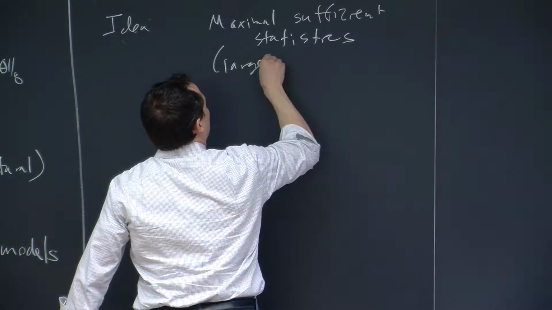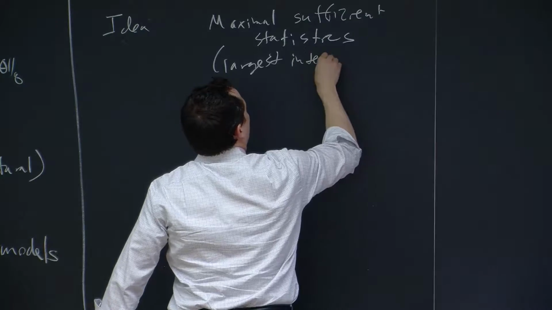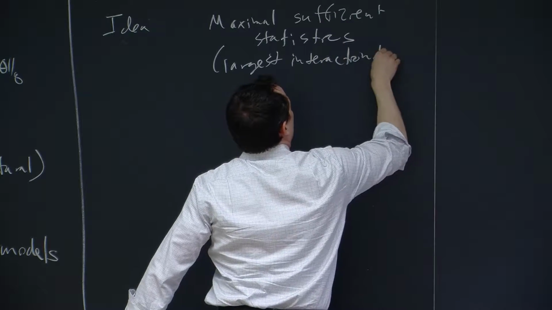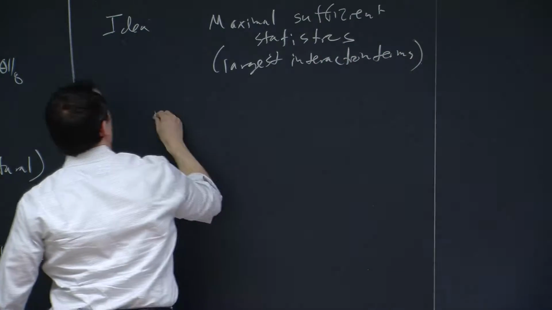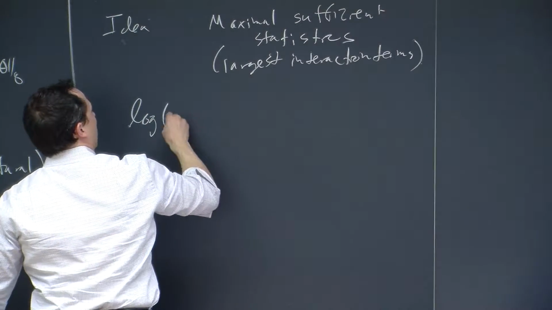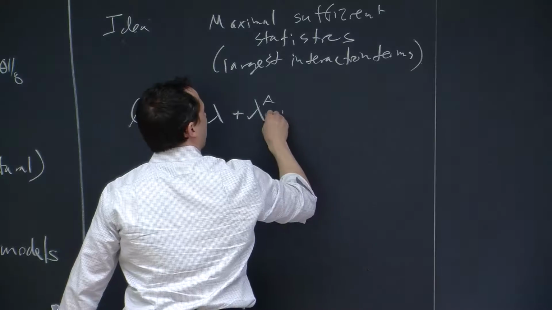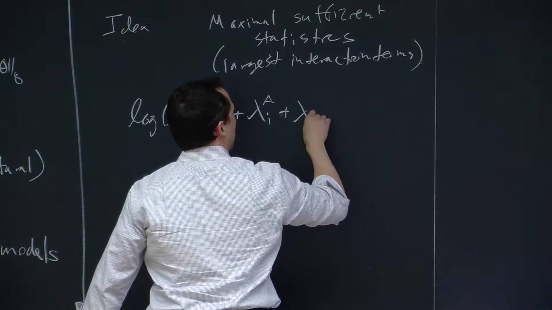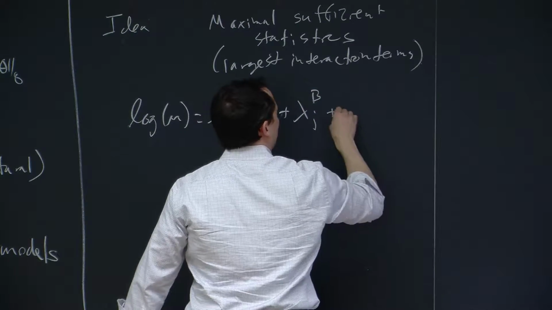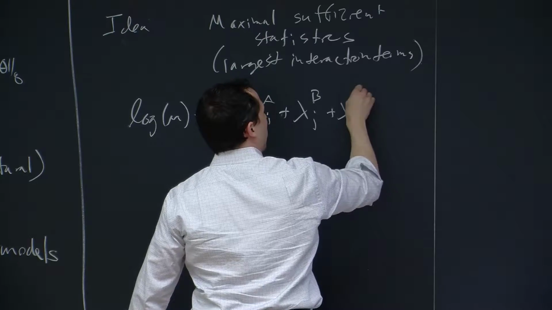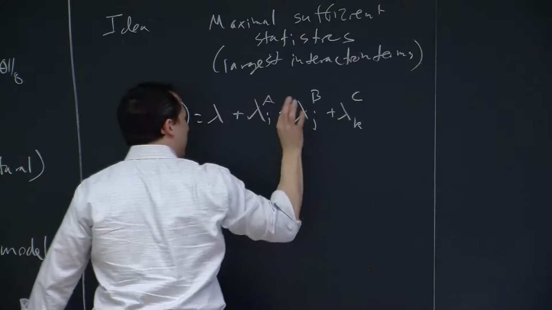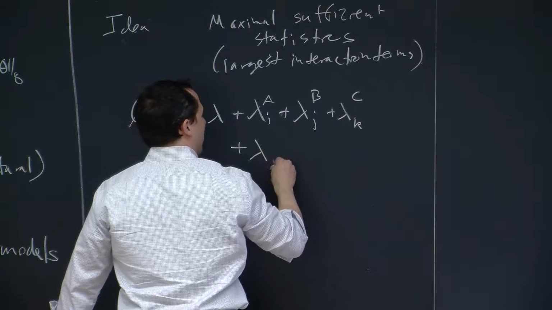Right, that's what our model is made of. This is a hierarchical model. So I have something like log mu equals a global term plus some local terms for main effects, and then I have some interaction terms.